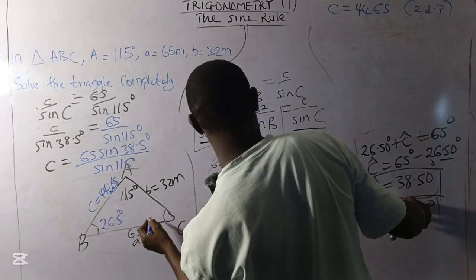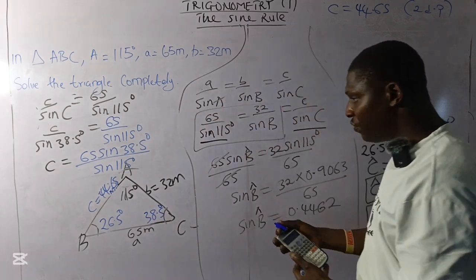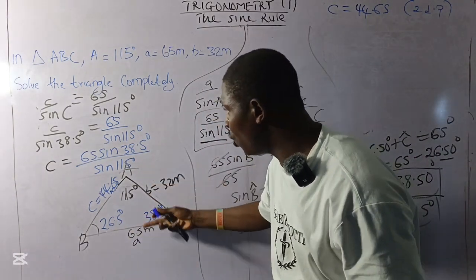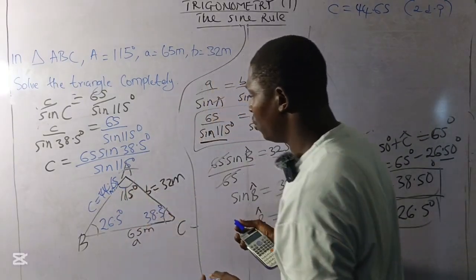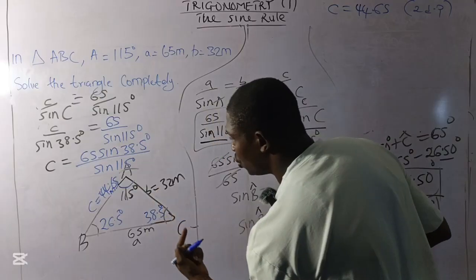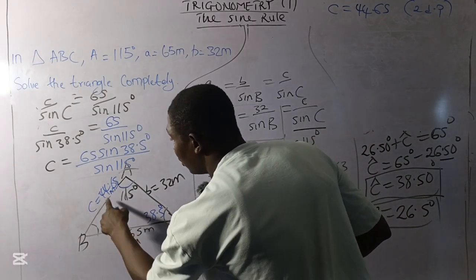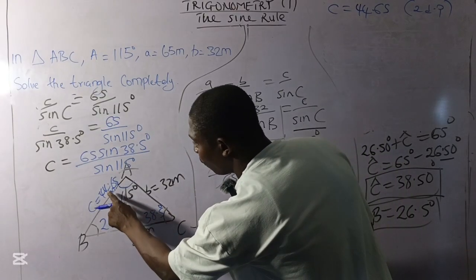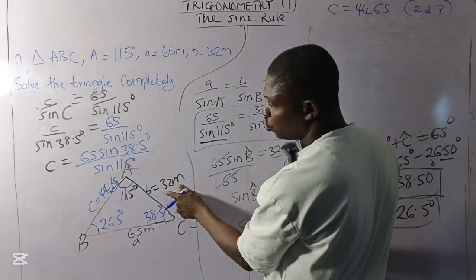My angle B is 26.5 degrees. My angle C is 38.5 degrees. Now if you check, 115 plus 26.5 plus 38.5 sum up to give 180 degrees, which is the sum of interior angles in a triangle. And also, if you check, like I told you, the sum of these two sides, using the triangle inequality theorem: 44.65 plus 60 is greater than 32.